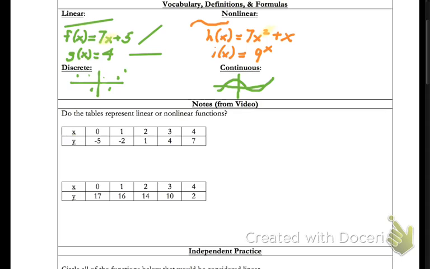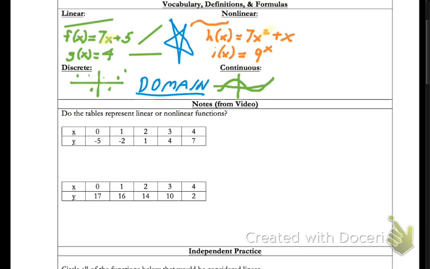And so we can have discrete or continuous functions that can be, well, linear or nonlinear, so don't get mixed up with those. So the main thing is know the difference between linear and nonlinear. Know that there's times where our domain might be discrete, which means we only want to work with certain numbers, or continuous, which means we want to work with all the numbers.